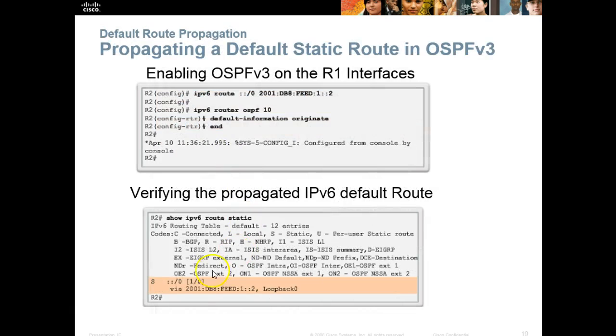When you look at the table up here, you notice that down here we have S for static, but we also have E2, OSPF external, O E2, external type 2, all right? And there's O E1, external type 1, as well. But this will show in how routes get pushed out, and we'll see them in routing tables, knowing if they originated from inside or outside the network. So that's the default originate command in IPv6.